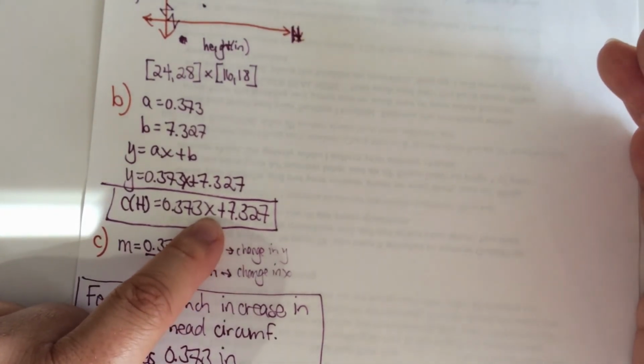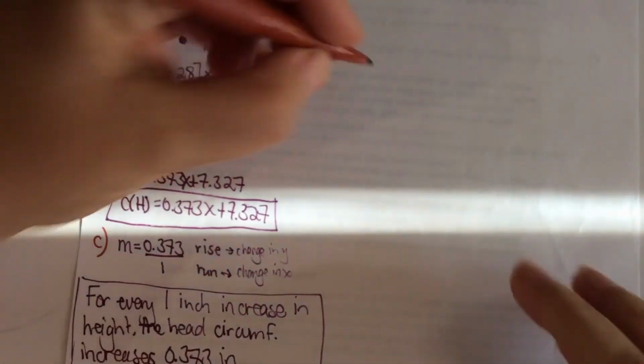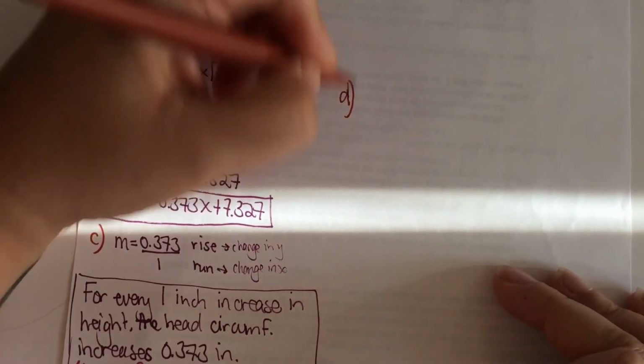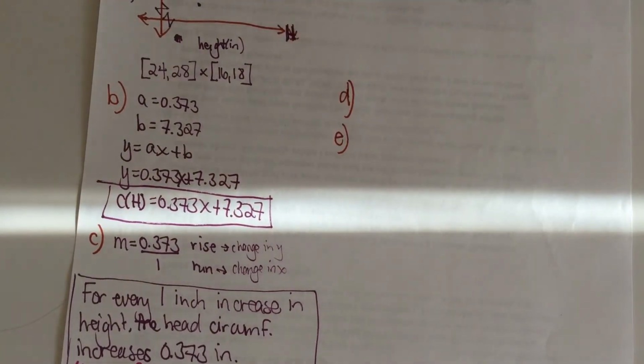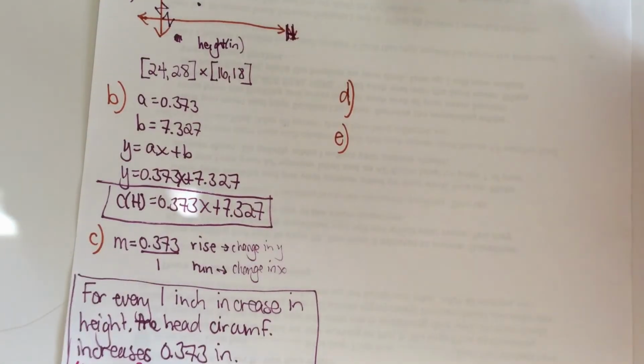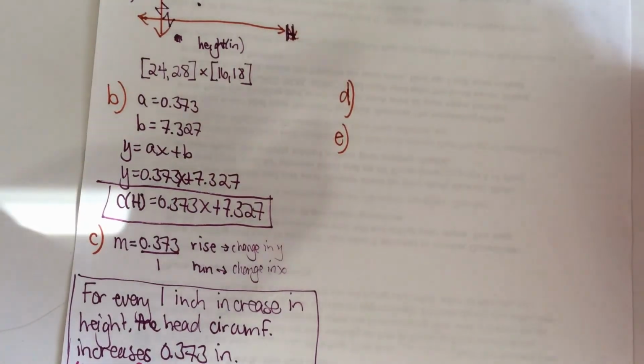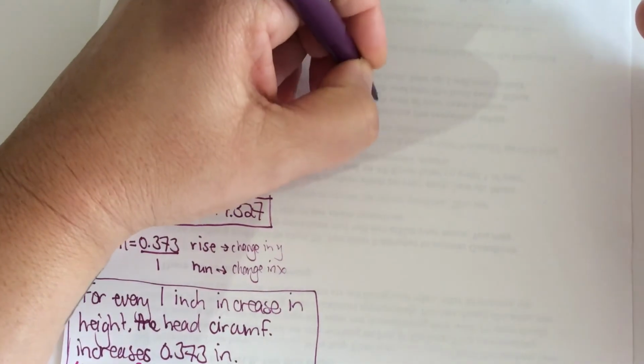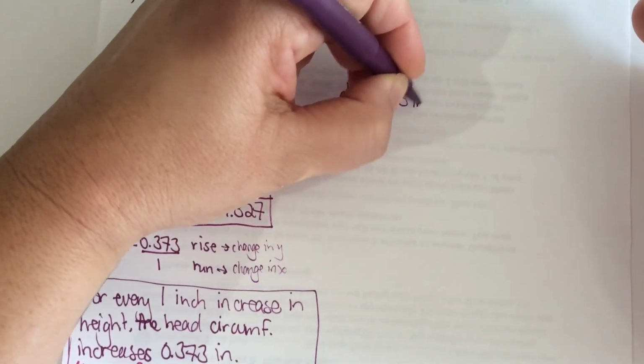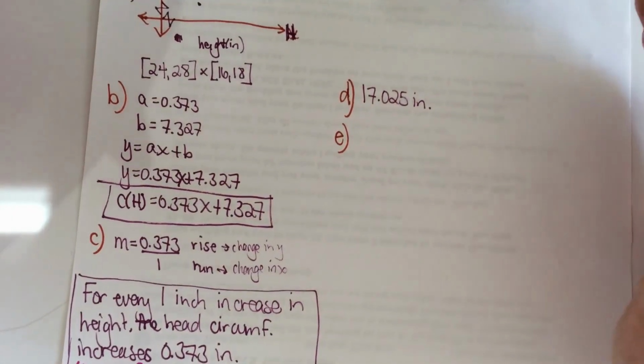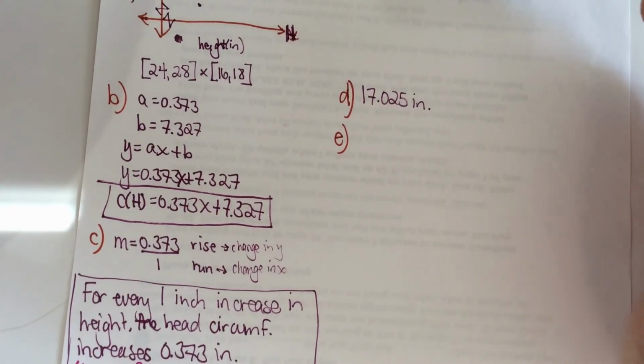For part D. The answer, here I'll give you guys the answers real fast if you want to check, just in case you want to practice. So when you plug a 26 in for x, you should get out 17.025 inches, and this is a word problem, so we're always going to include units when units are given to us.